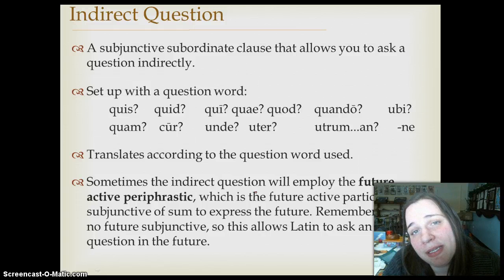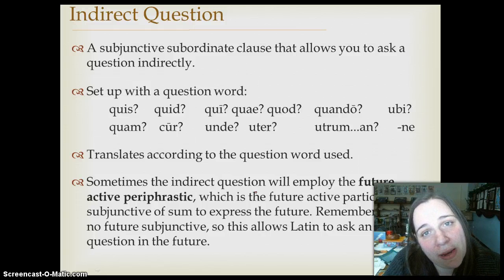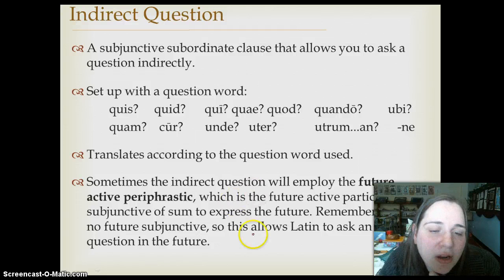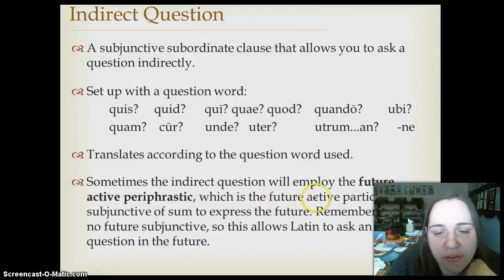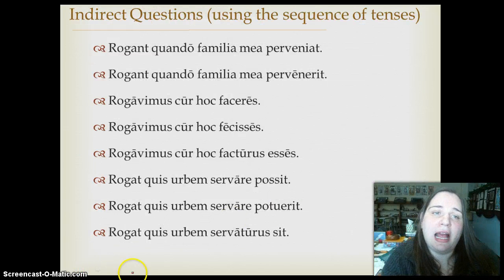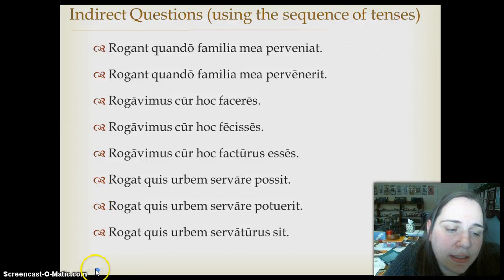So sometimes, if you want to ask a question indirectly about what will happen in the future, you can use this construction, the future active periphrastic, where you use the future active participle plus the present or the imperfect, I suppose, subjunctive of the verb to be, okay? So there you go. Okay, let's look at some of these indirect questions using the sequence of tenses, okay?